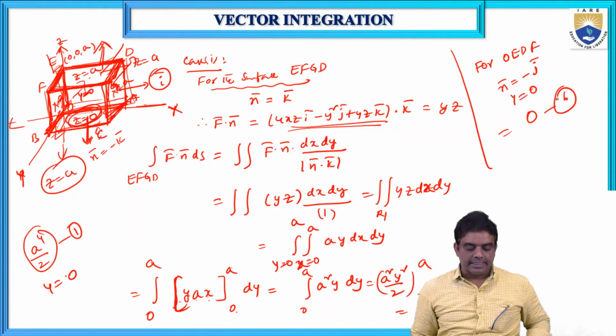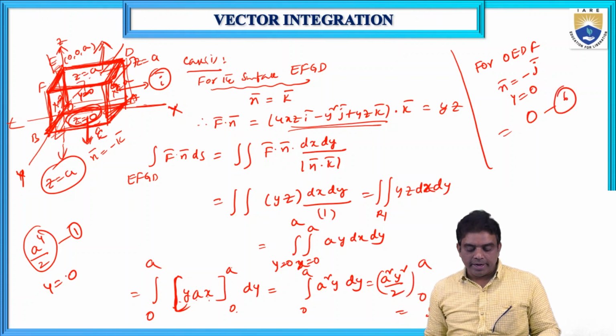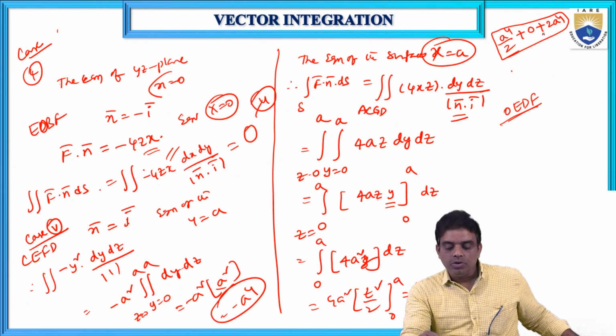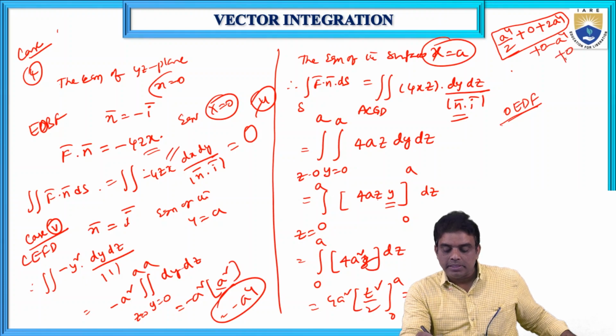Last case. There are 6 cases. One is a power 4 by 2, the second one is 0, then 2a power 4 is another value, then 0, and minus a power 4 plus 0. So what is the value?